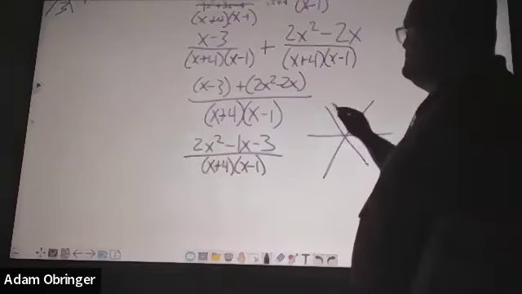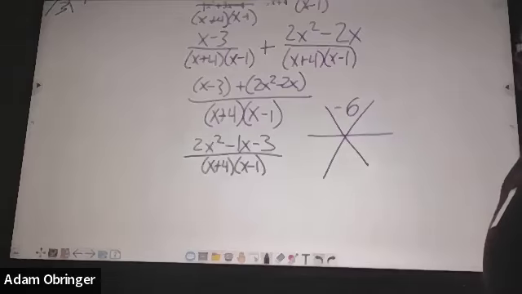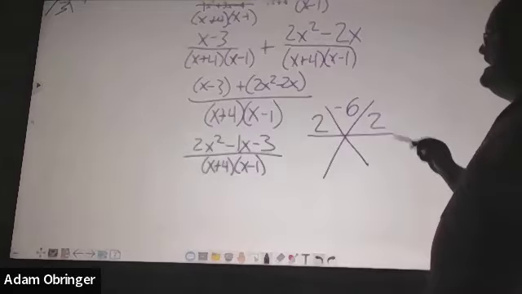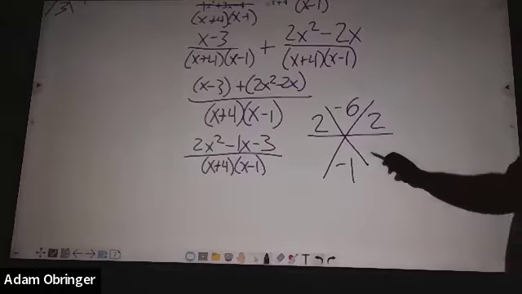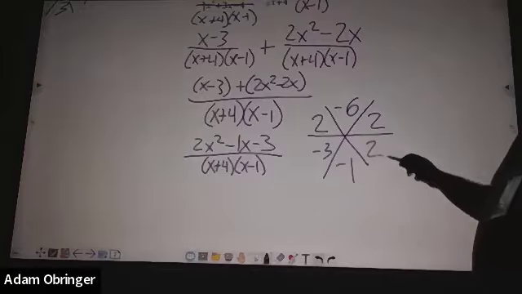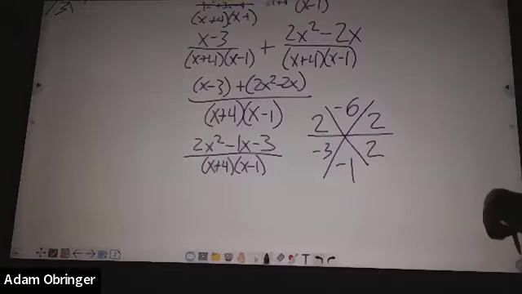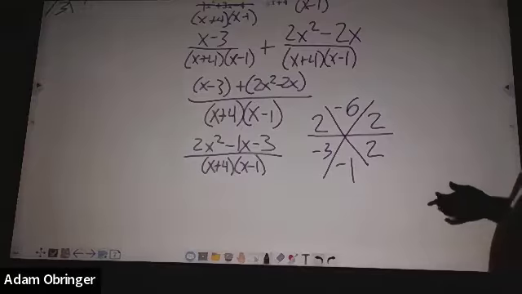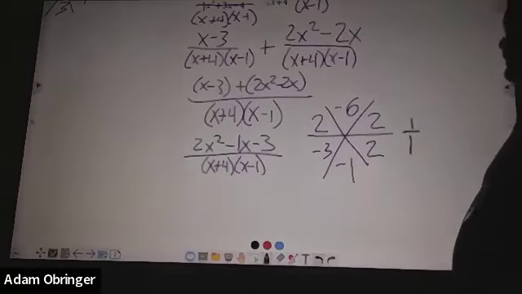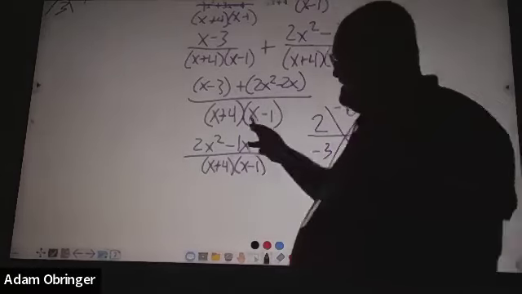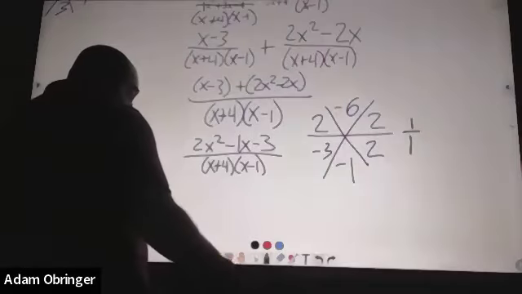And we're taking 2 times -3 to make a -6 for the top, 2 for either side, -1 for bottom. -3 and 2 multiply to make -6, and they add to make -1. Now, if you remember how this works for factoring, we are supposed to simplify each side. So 2 over 2 simplifies to be a 1 over 1. If I bring my results over here, we'll see if something cancels.